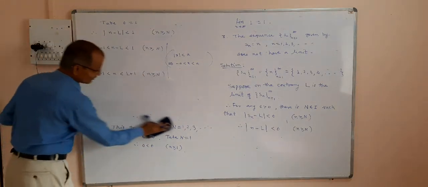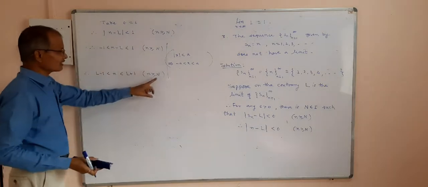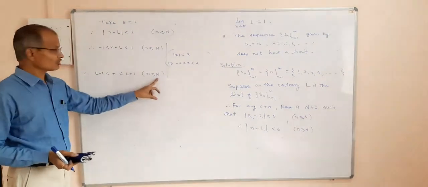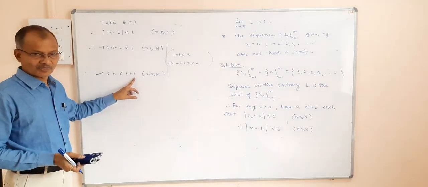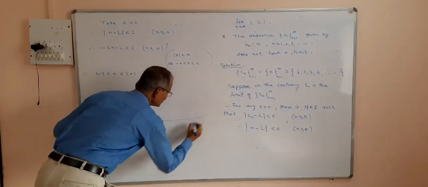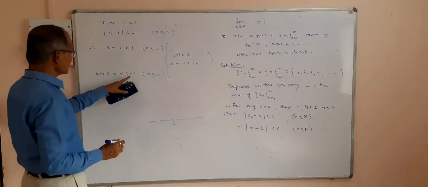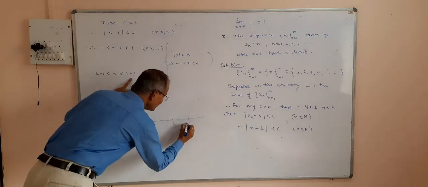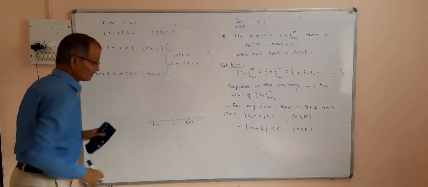And what is the meaning of this? This says that after n is greater than or equal to N, all the terms of the sequence lie between L minus 1 and L plus 1. So is it possible? L is a fixed number, it is a limit. Suppose this is L; then L plus 1 is 1 unit distance on the right side, and L minus 1 is 1 unit distance on the left side.